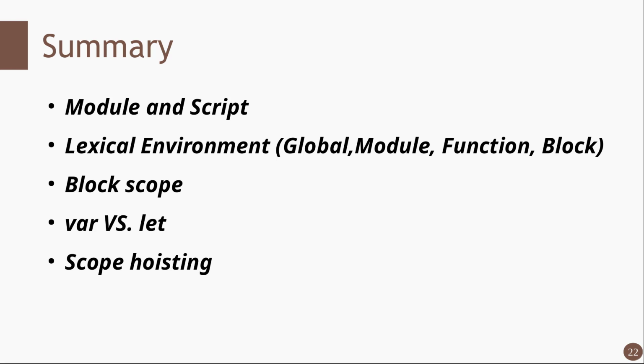Function environment stores objects in a function. Block environment is the simplest lexical scoping, just like the C language. The let keyword is for lexical scoping, while the var keyword is for magic. Please remember the first magic of the var keyword, the scope hoisting.